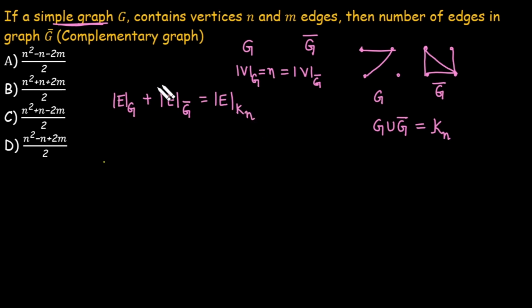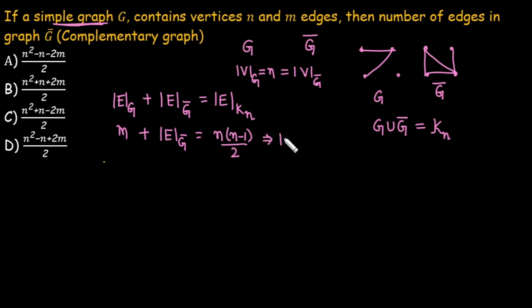As per the question, the total number of edges in graph G is m. The number of edges in the complementary graph, represented by G bar, we need to calculate. How many edges do we have in a complete graph? In this case, we have n(n-1)/2.